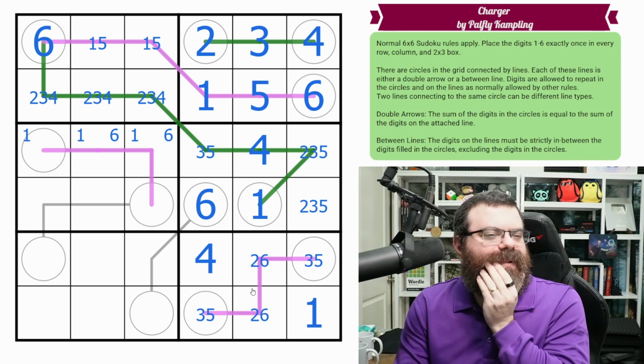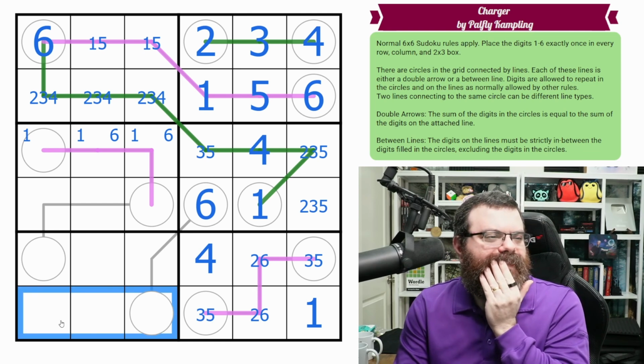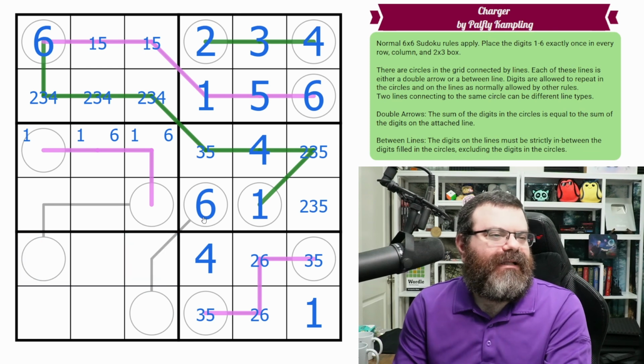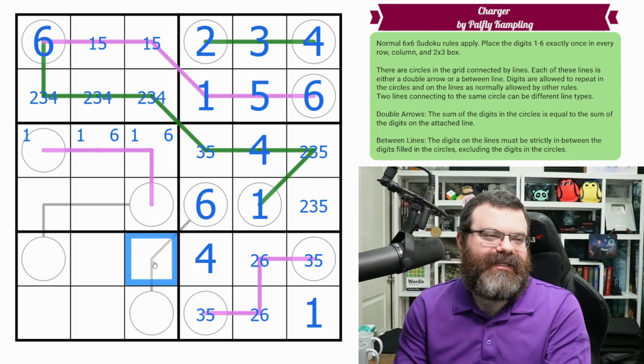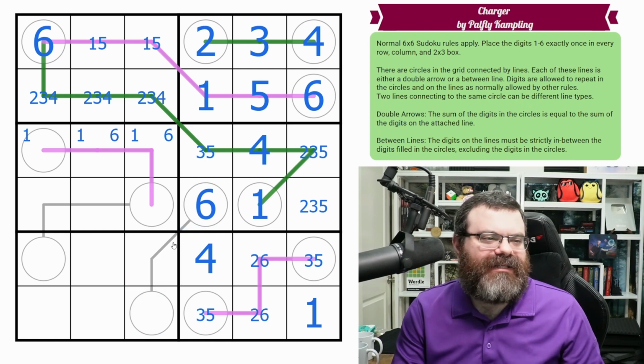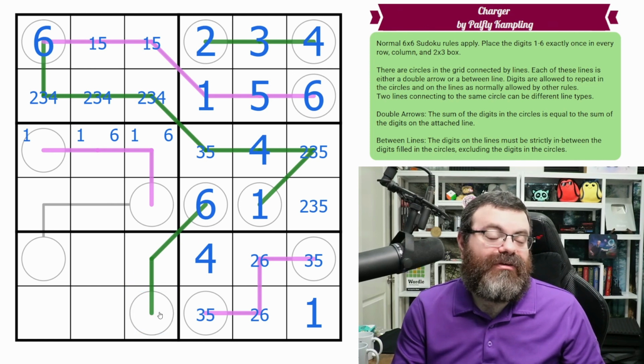What's our next step? One up here. Well, this isn't a double arrow, because it would be 6 plus something is this. So this has been a between line since I wrote a 6 in there. I just didn't spend time thinking about that. So this is basically a thermo.